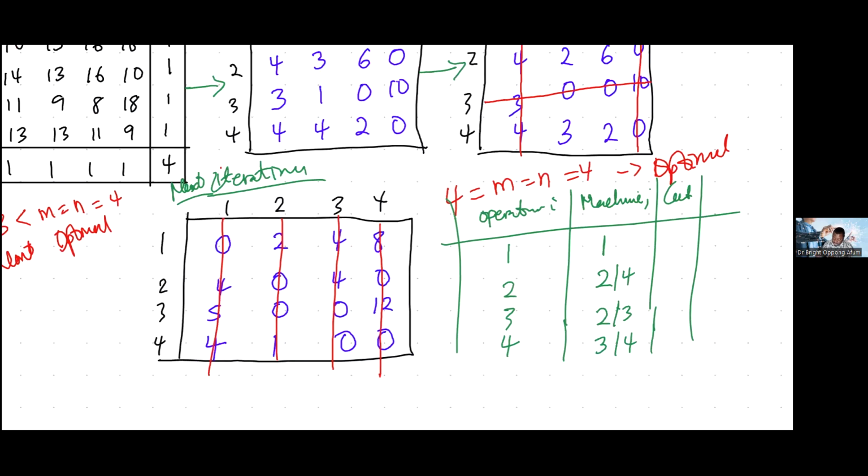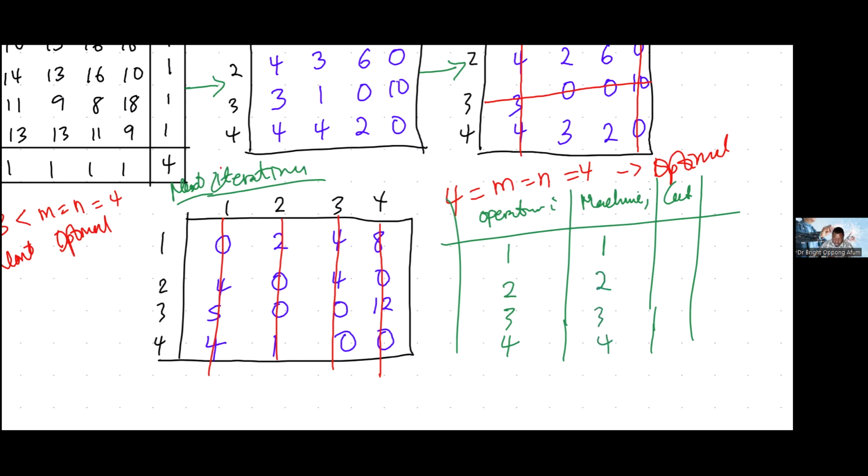if we are to clean it, then we can say that let's assign 2 to 2, let's assign 3 to 3, and let's assign 4 to 4, right? So in that case, we have 2, 3, 4.